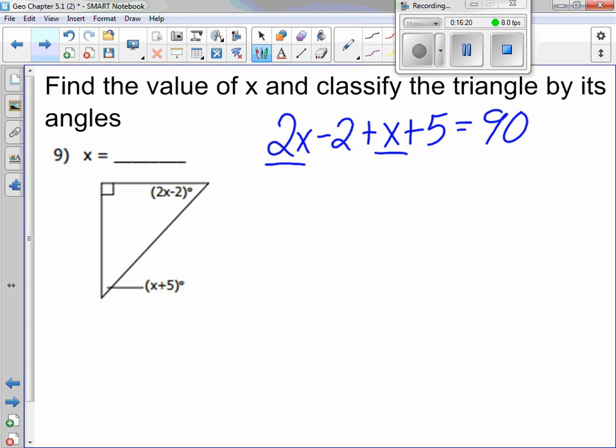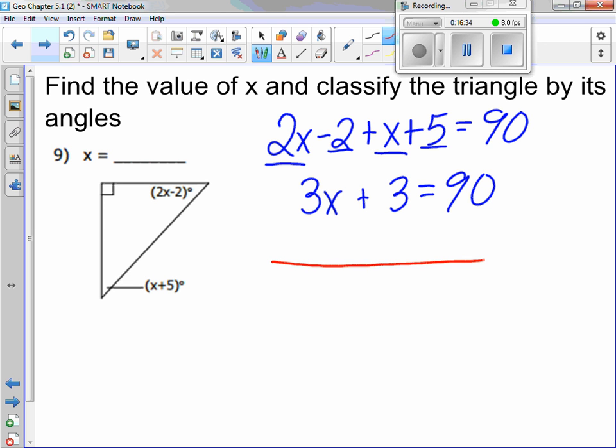So now we can combine like terms. Well, 2x plus x would give me 3x. Negative 2 plus 5 would be plus what? Now what would we do next? We would minus 3 from both sides.